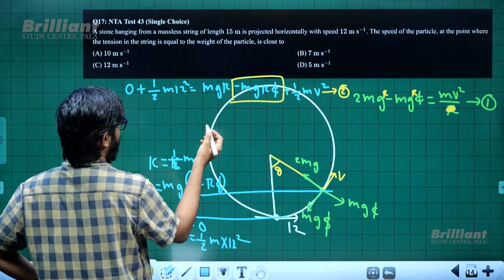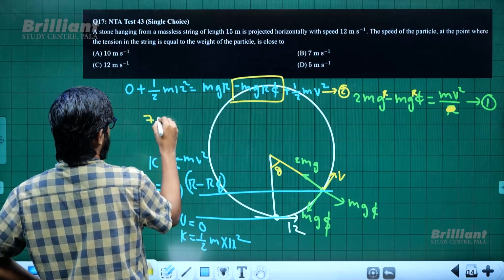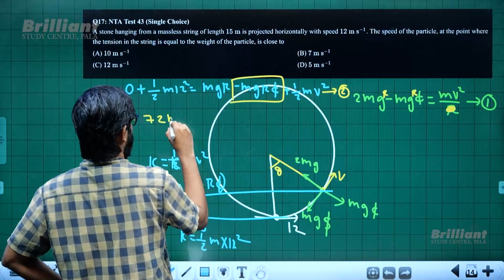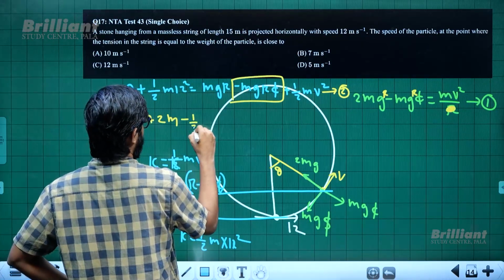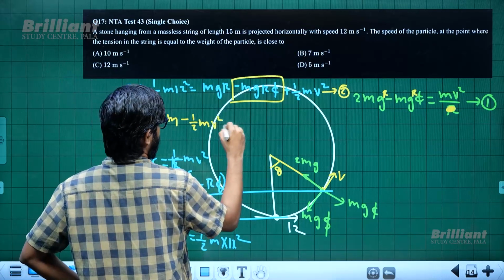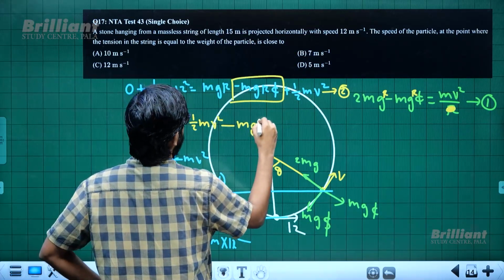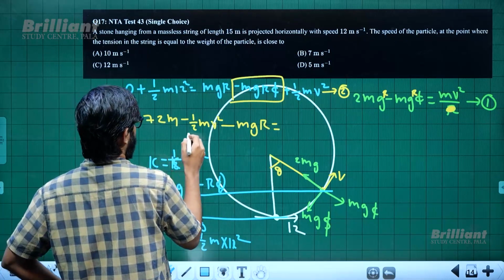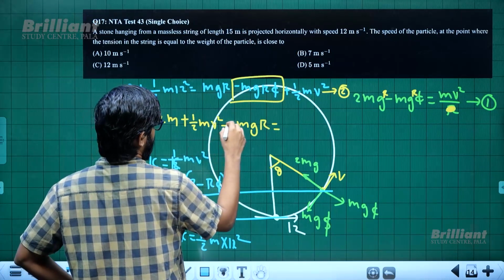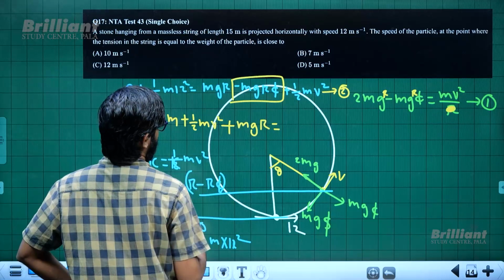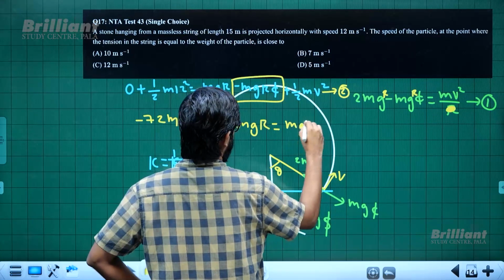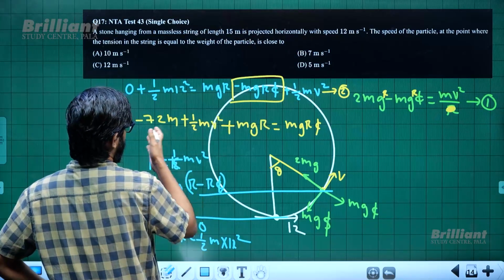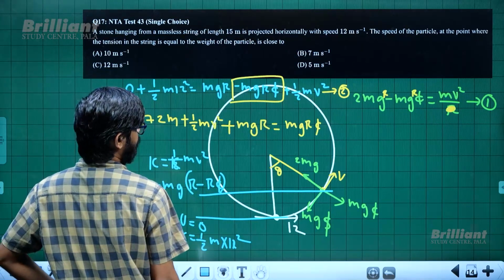It will be 72m minus half m v square minus mgr. So mgr cos theta equals mgr plus half m v square minus 72m.